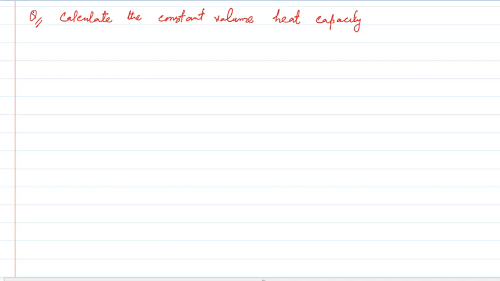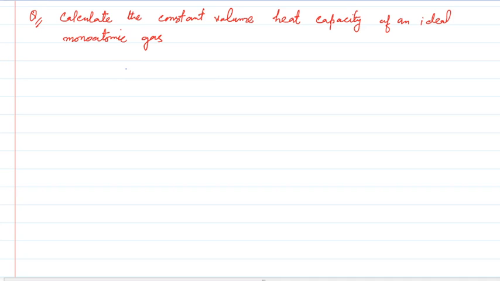Sometimes a very simple question is asked. Question is calculate the constant volume heat capacity of an ideal monoatomic gas. This is very simple.